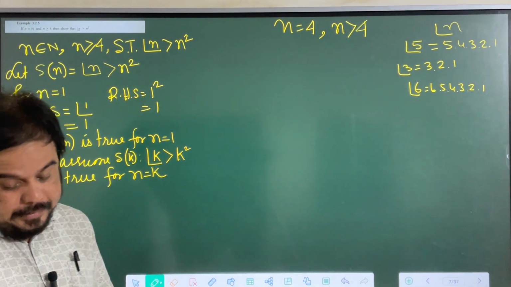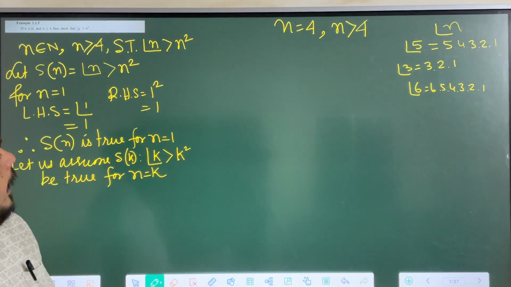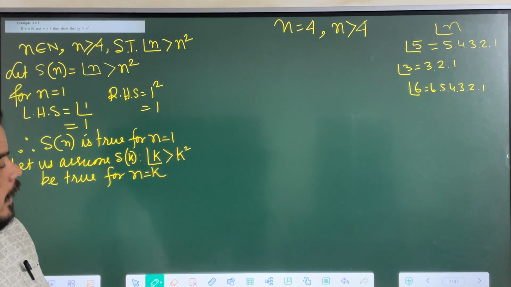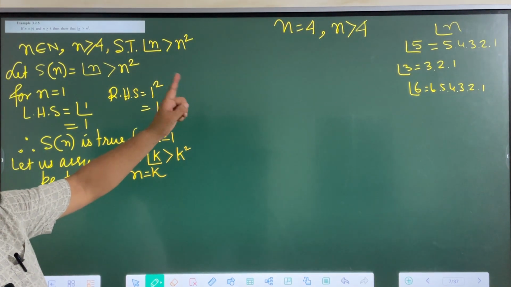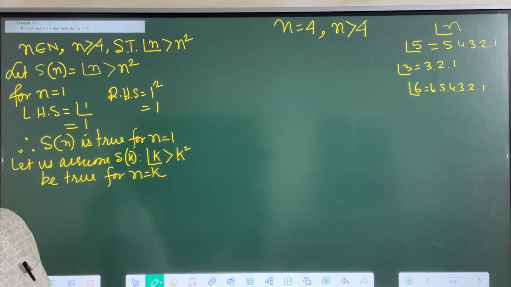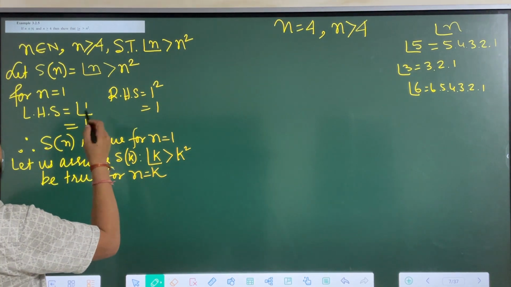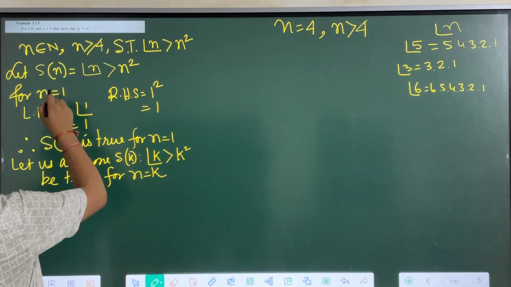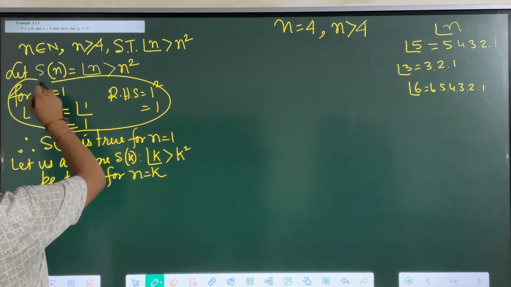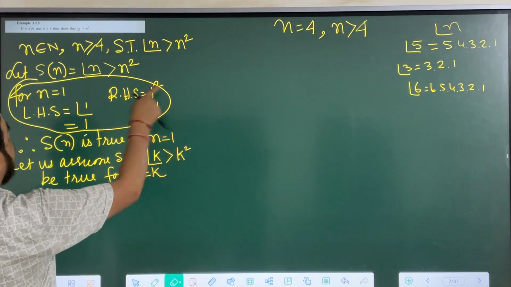Now what we see here, that n is greater than or equal to 4. Sorry, so n equals to 1 is, something is wrong here. LHS is okay. Wait. Let me rub this.